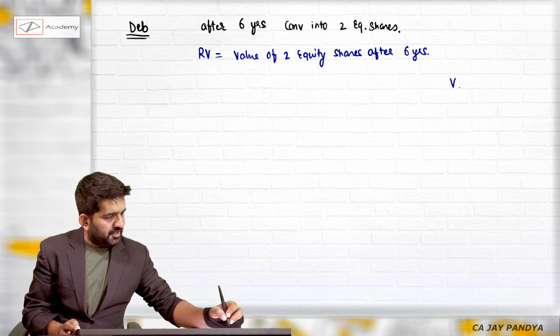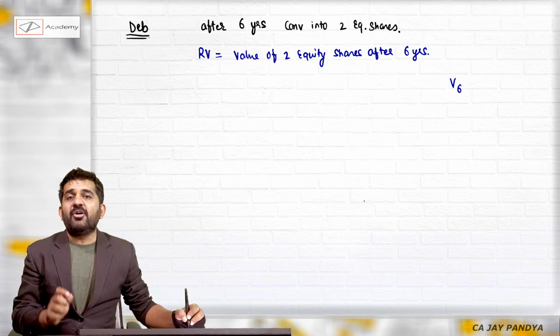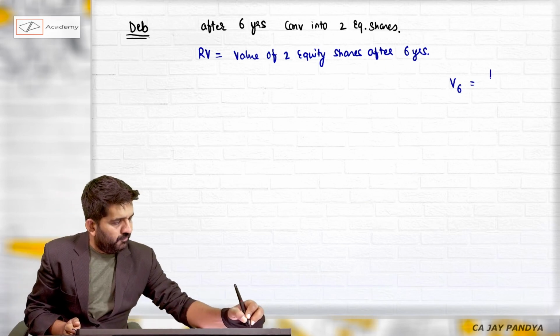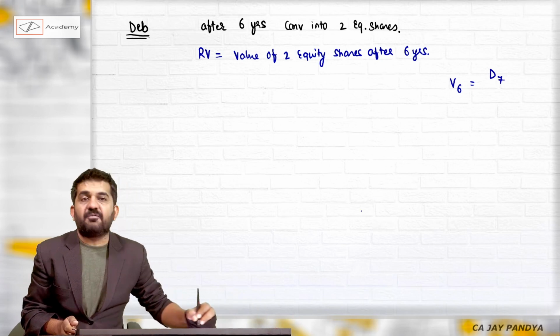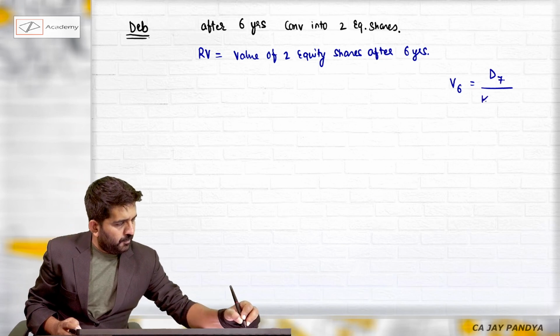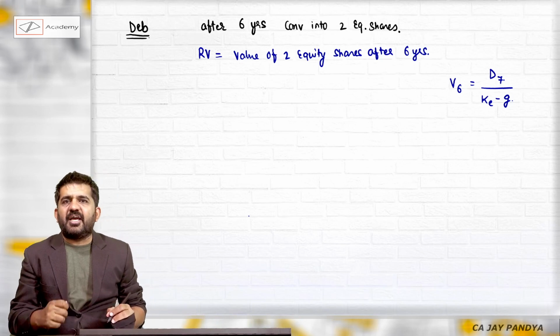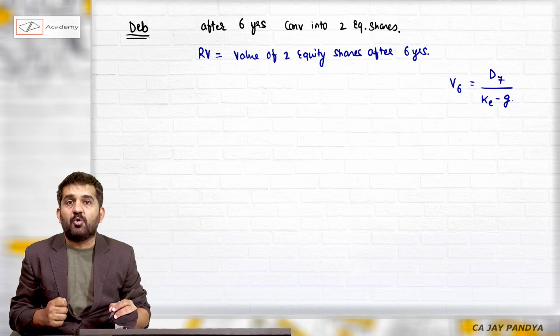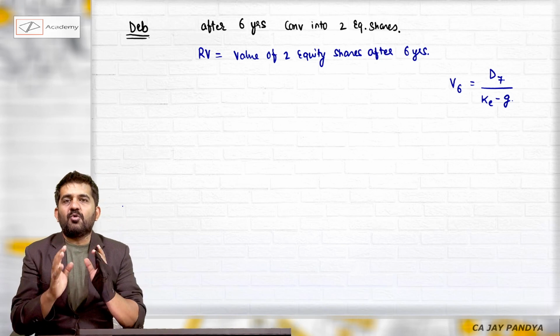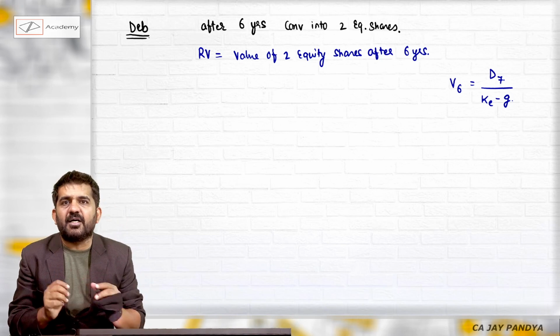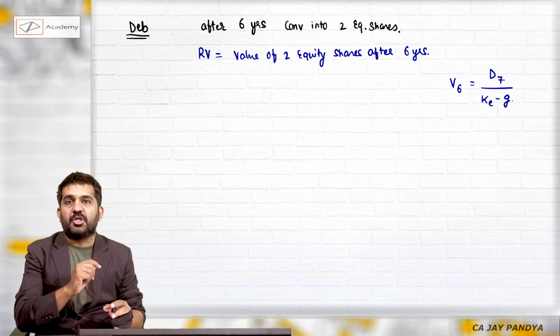Value of equity shares at the end of 6 years is equal to dividend of 7th year upon KE minus G. Infinite cash flow with growth. I have found out valuation of security. How to find out value of anything in finance? Present value of future cash flows.